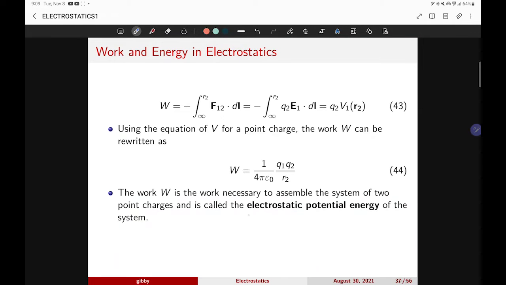That is what we call the electrostatic potential energy. It's like you assemble a system with charge Q1 and then charge Q2. You start with Q1 placed at the origin, then you bring charge Q2 from infinity up to this particular distance. We have this assembled. You assemble the two charges. And the amount of work necessary to assemble that system is given by this expression.